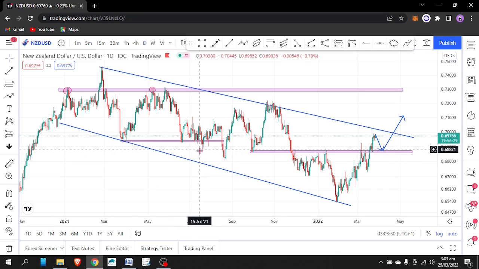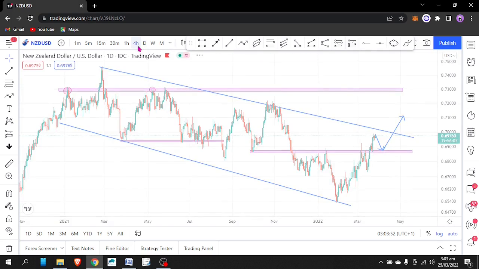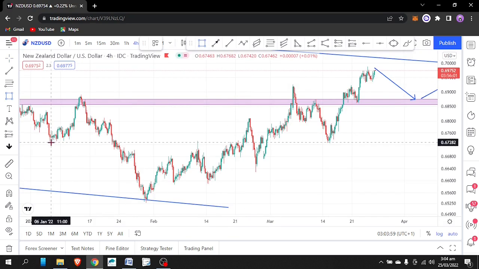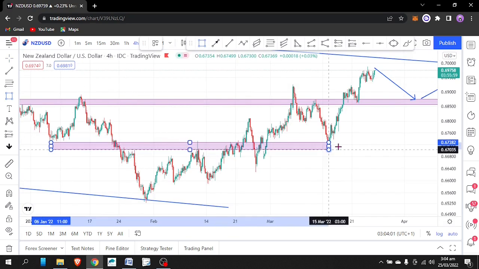So drawing support and resistance is best using the daily, the weekly, and the monthly, and you can also use the 4-hour time frame. Looking at this 4-hour time frame, I can identify another zone from this zone here.